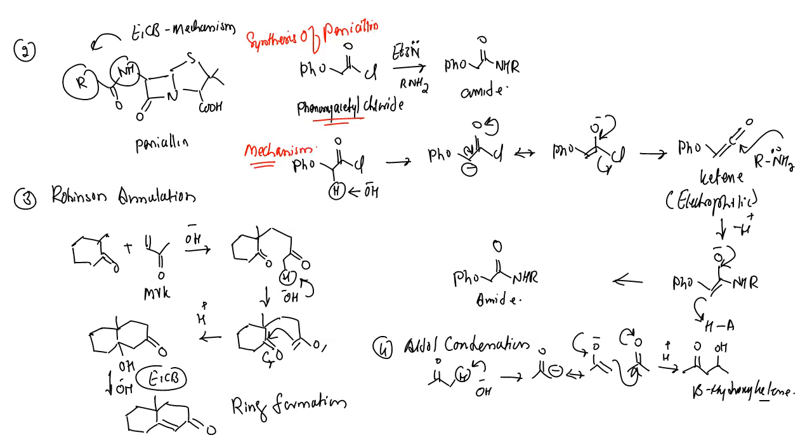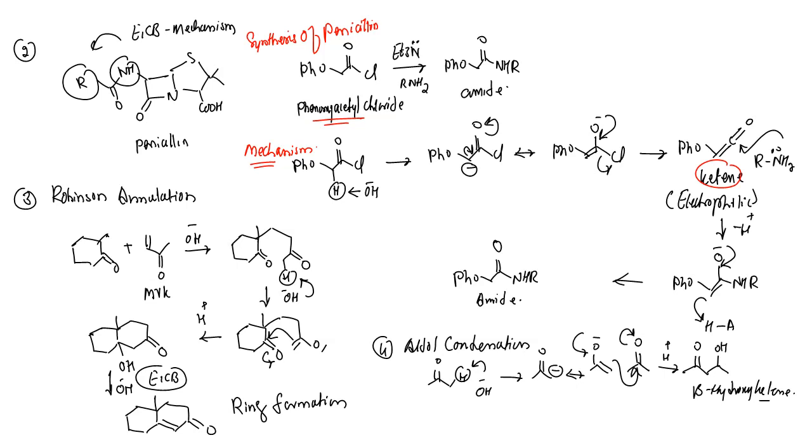In which a base abstracts the alpha proton of phenoxyacetyl chloride for giving a carbanion. It rearranges to ultimately give rise to formation of a ketene, which is an important reactive intermediate that acts as an electrophile.